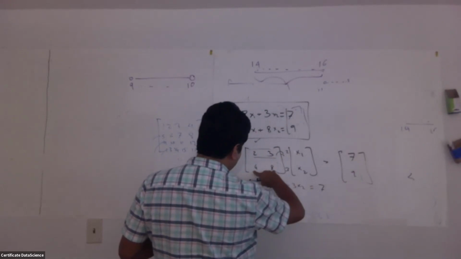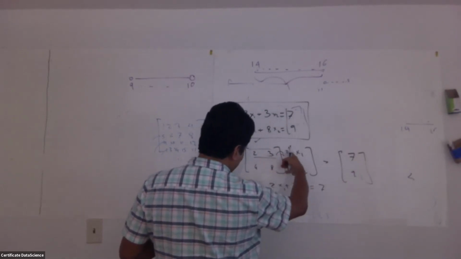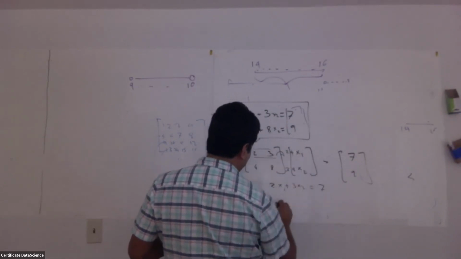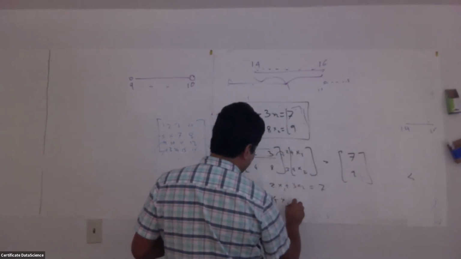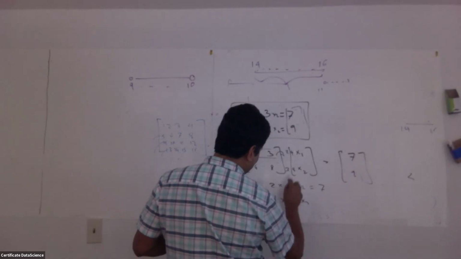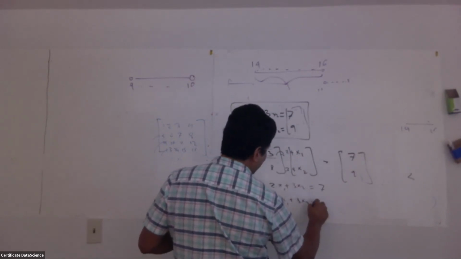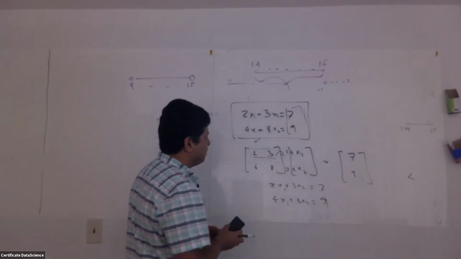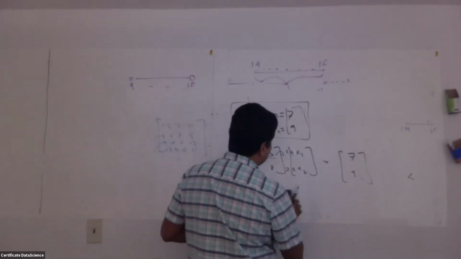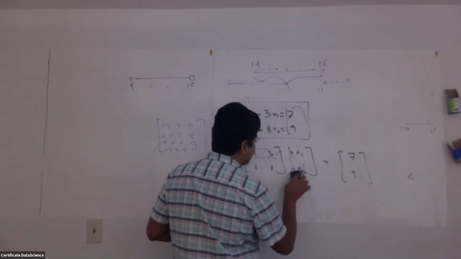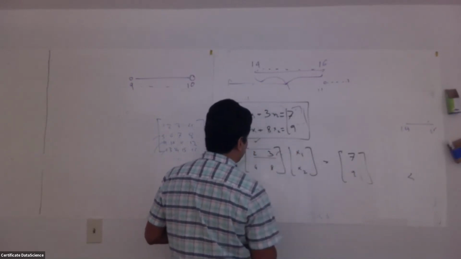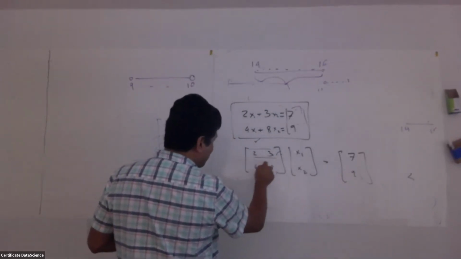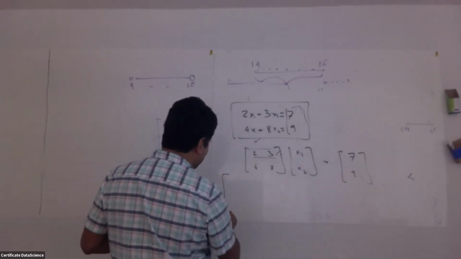For the second one, the same thing: align it, then it becomes 4, 8, multiply them, 4x1, 8x2, add them, and equal to 9, the lower one. So this is how you do matrix multiplication. So what I'm going to show you is that these kinds of equations can be represented in this matrix form, right? And solve.